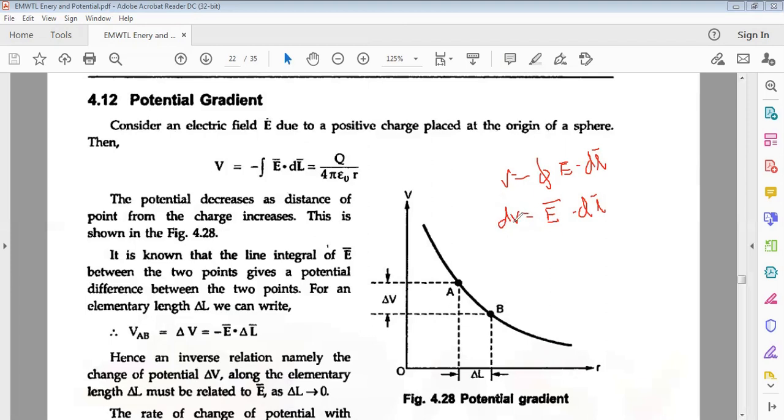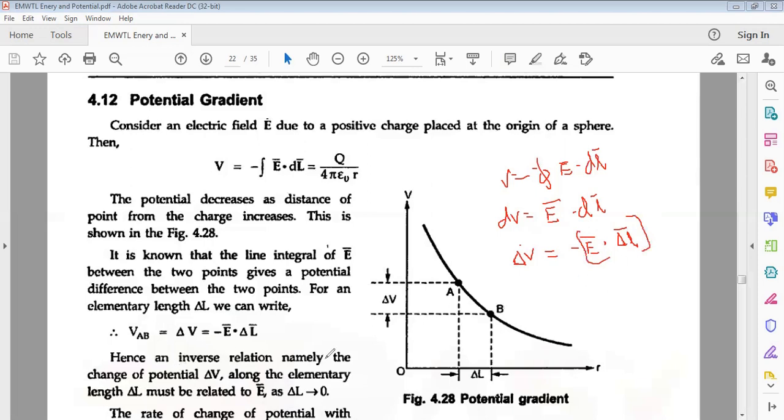Now I take this change of potential as a small incremental potential. Delta V is equal to minus E bar dot, with the elementary length, delta L bar. So delta V is equal to minus E bar dot delta L bar.